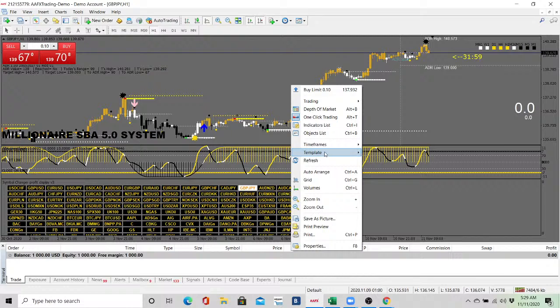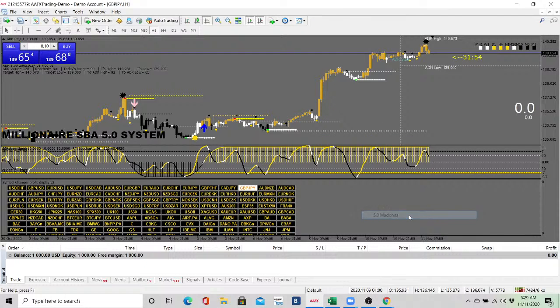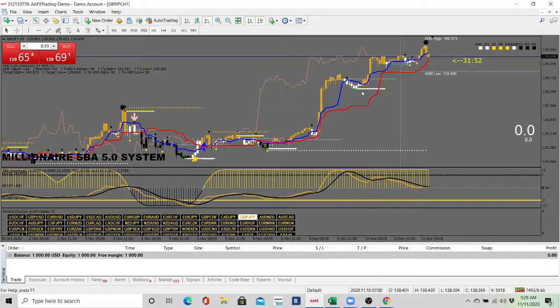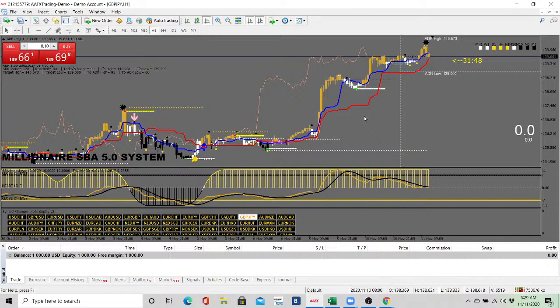I'm going to go to the template that I have saved for myself, which I call 5.0 Madonna. It just has the TK lines on it, showing a buy up on the hour, but we also have a sell star here. And of course, the candles are printing downward right now.